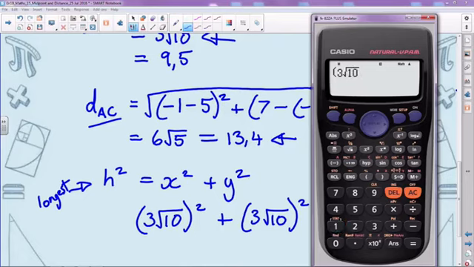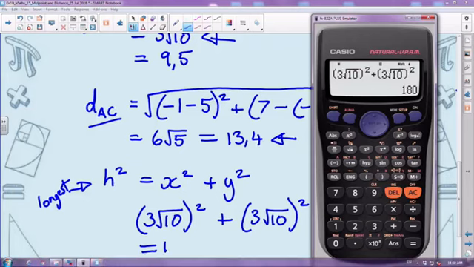delete 10, and then we'll move out of the square root, close the brackets, square it, and we're going to add 3 square root 10 and close the brackets and square it. Okay, and that is equal to 180. 180.